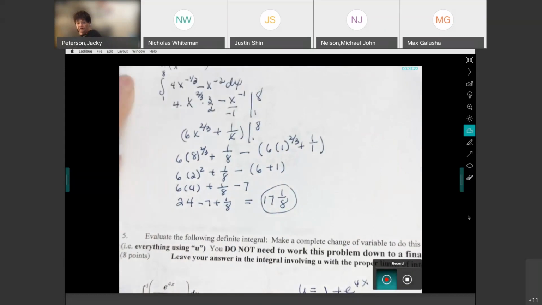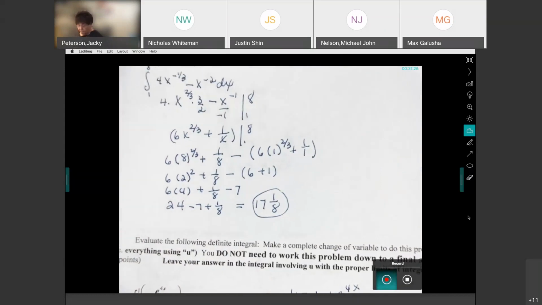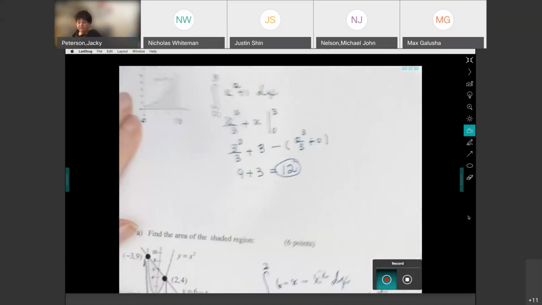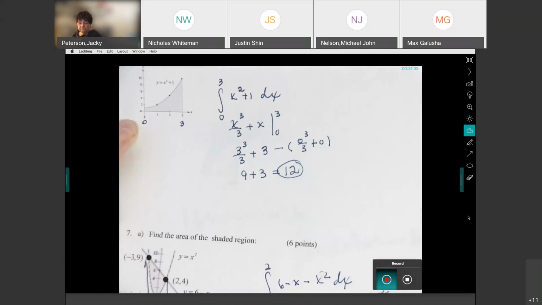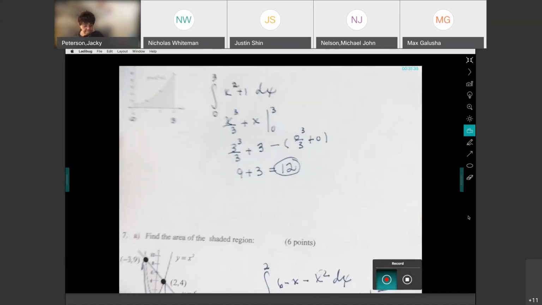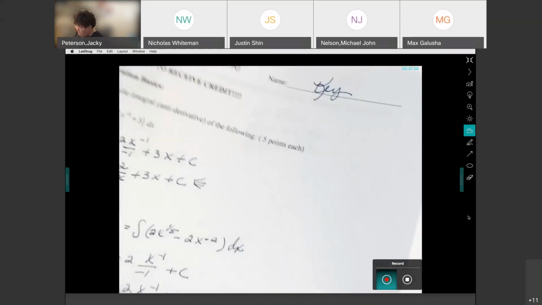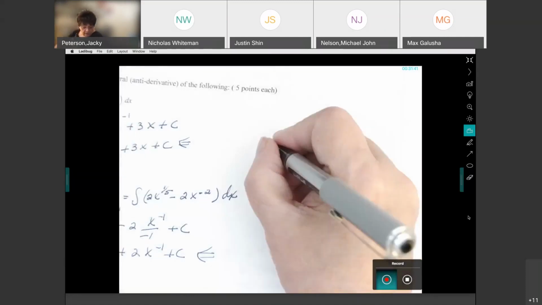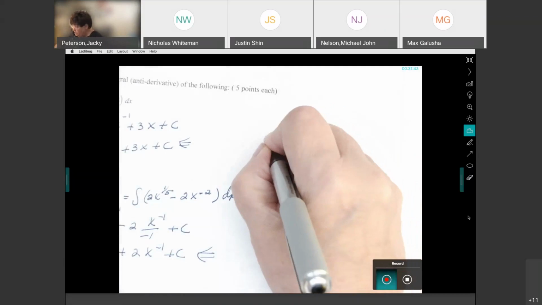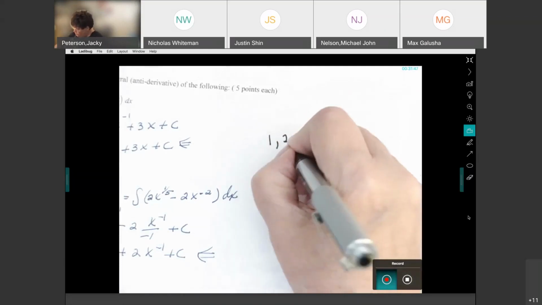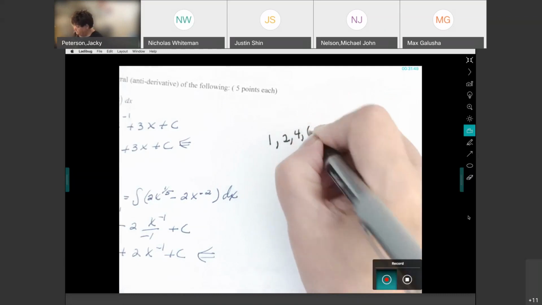Problem number 4, definite integral. Problem number 6, area under curve. So on this test, which is the chapter 5 test, we're looking at 1, 2, 4, and 6.